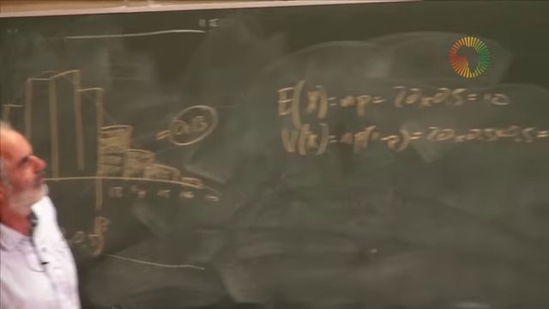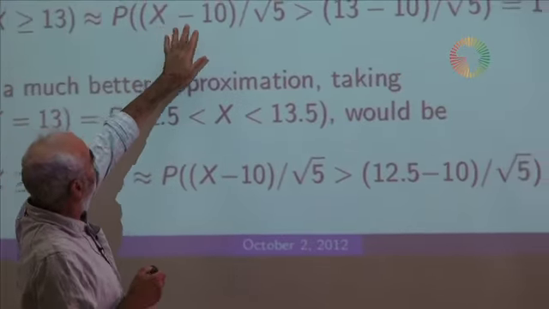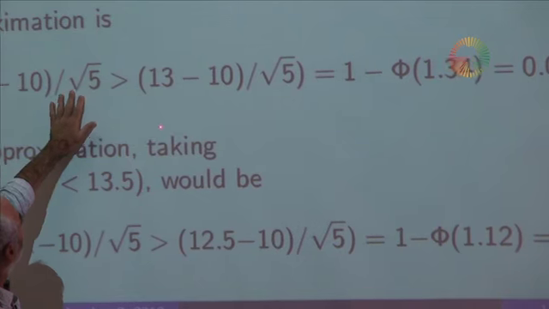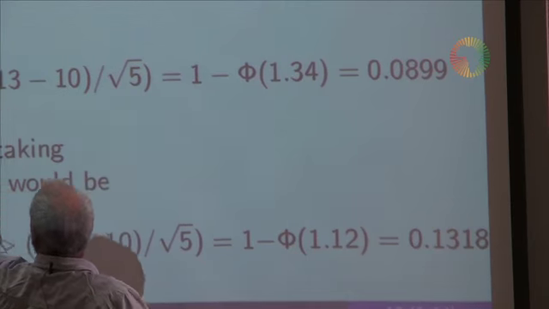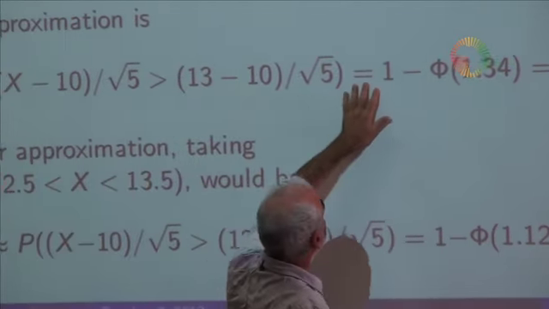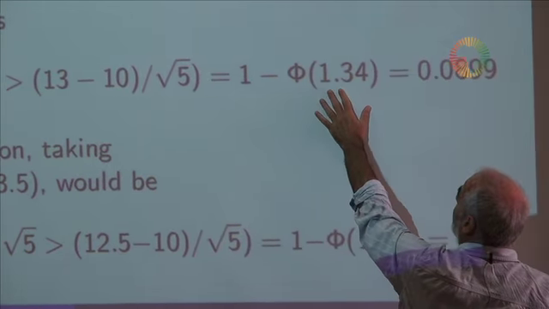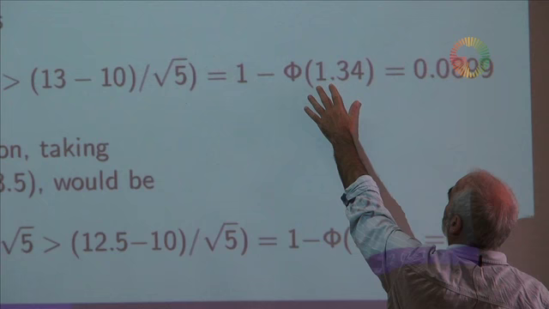The simplest approximation then is to say the probability X is greater than or equal to 13 is about, you take away the mean and divide by the standard deviation on each side, 13 minus 10 over root 5. This is now a standard normal, so we can look this up in the normal tables, or we use qnorm or pnorm. I never remember which, pnorm.